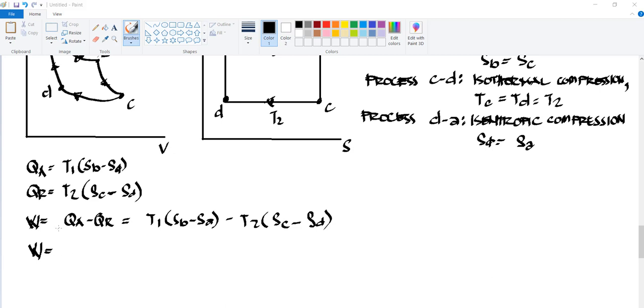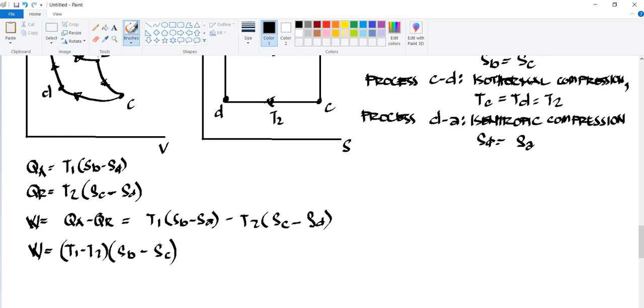We can rewrite our equation as T sub 1 minus T sub 2 times the entropy at point B minus the entropy at point C. So we can rewrite our equation like this.